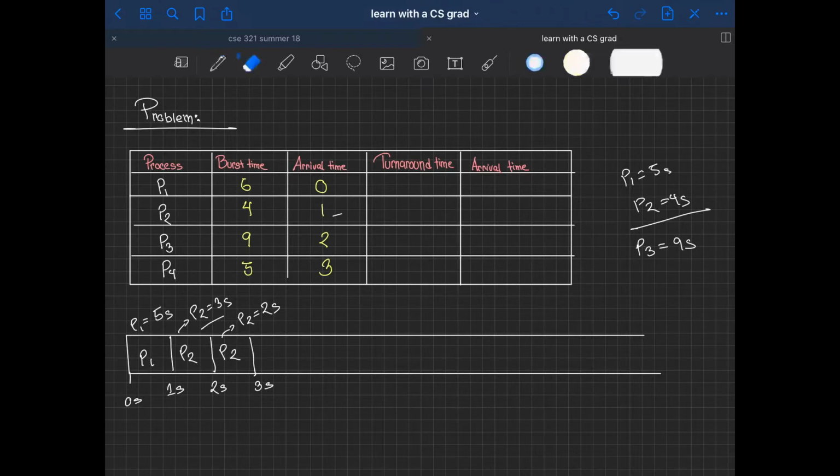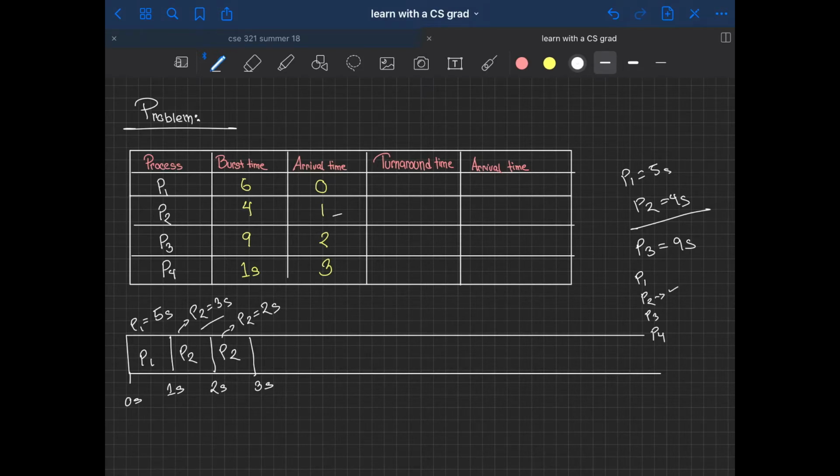So let's say, to make it more interesting, P4 has a burst time of 1 second, right? So at the third second we have P1, P2, P3 and P4 in our RAM. However, P2 has the CPU.